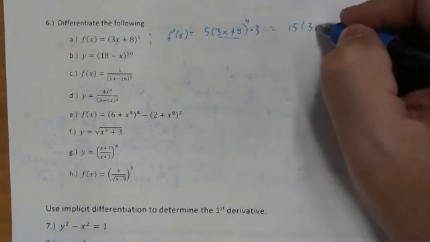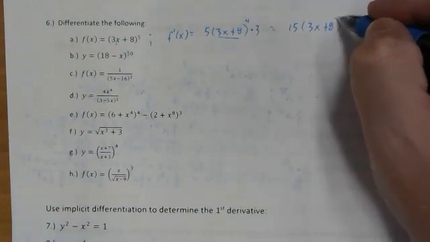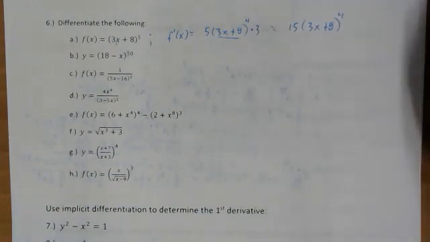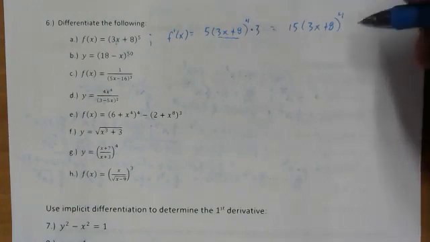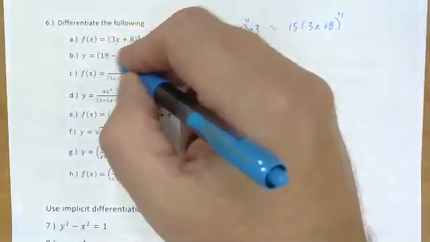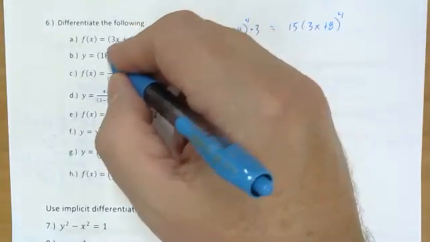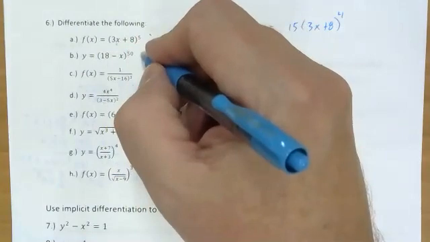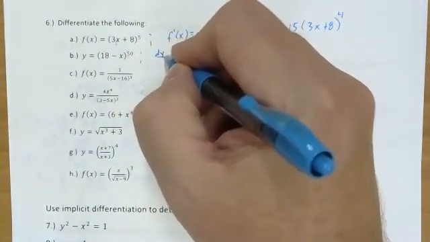I try and simplify this. 15 times 3x plus 8, all that raised to the 4th power. So this one, once again, parentheses raised to an exponent.